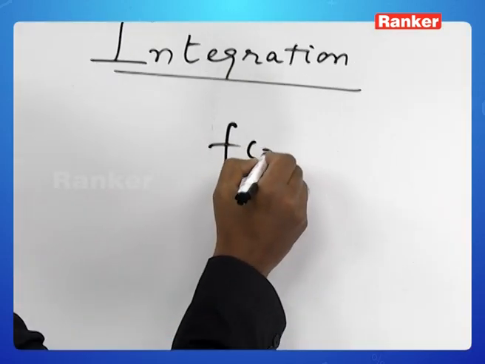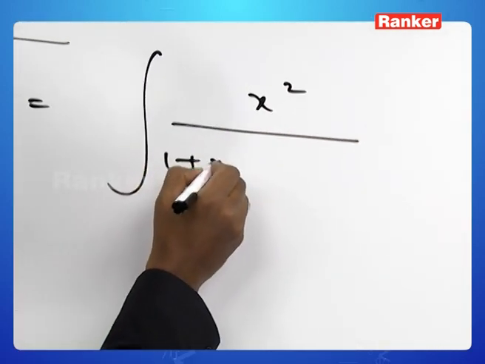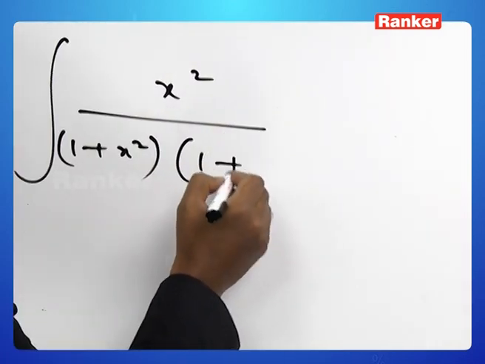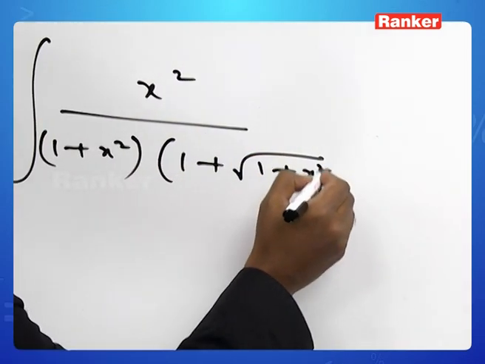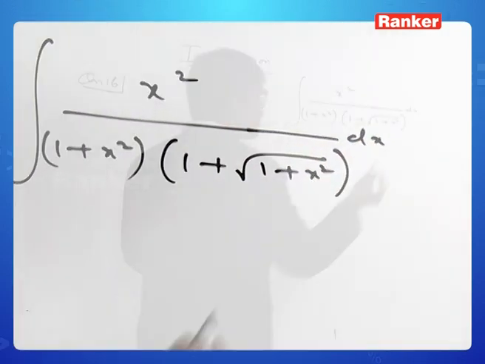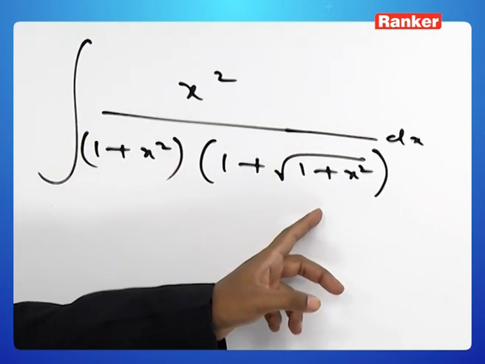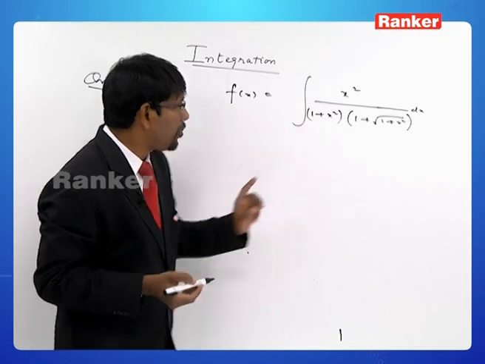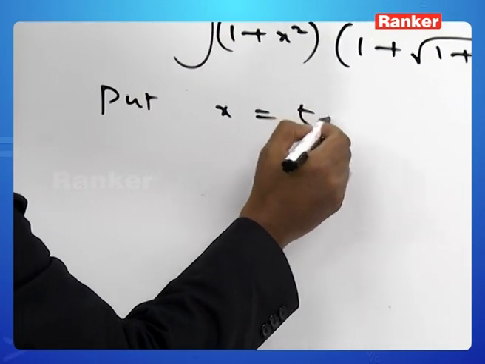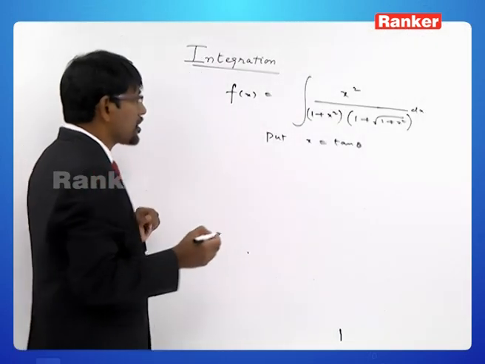We have f of x to be integral of x square by 1 plus x square into 1 plus root over 1 plus x square dx. We observe that there is more than one term here with 1 plus x square, and by putting x equal to tan theta, it appears that we shall be able to handle this integral.